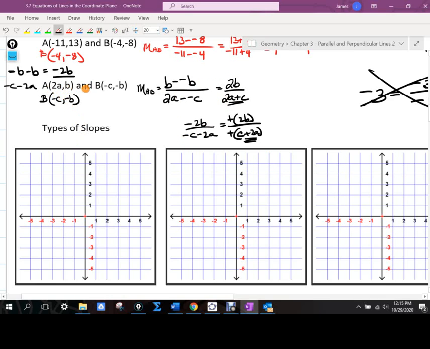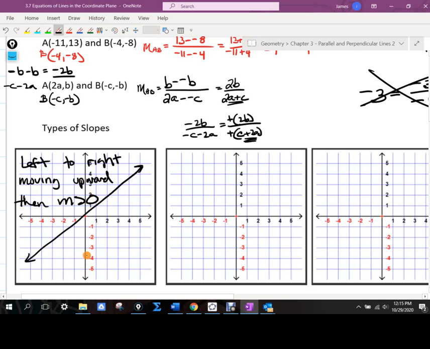Okay, so types of slopes. You can have a line that is moving, we read graphs left to right, correct? So left to right, if it's moving upward, the slope is going to be positive.